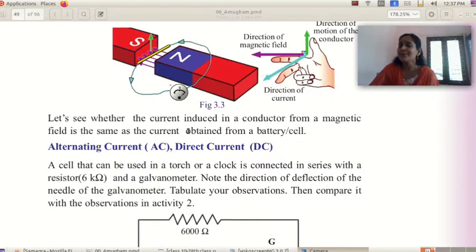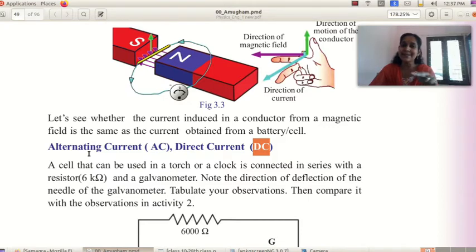There are two types of current: alternating current and direct current. Direct current is represented by DC, and alternating current, that is current that changes direction, is called AC. In our case, in relation to the solenoid and magnet, we get the current that changes its direction.